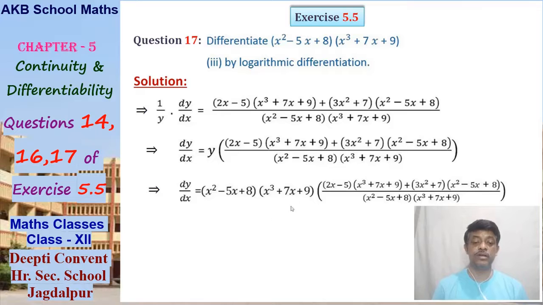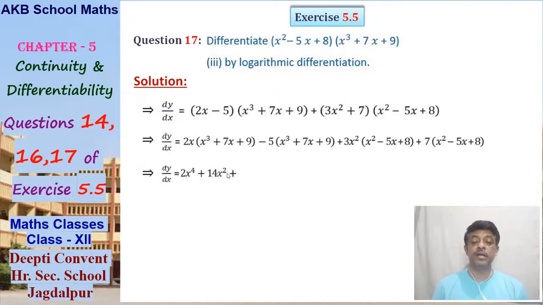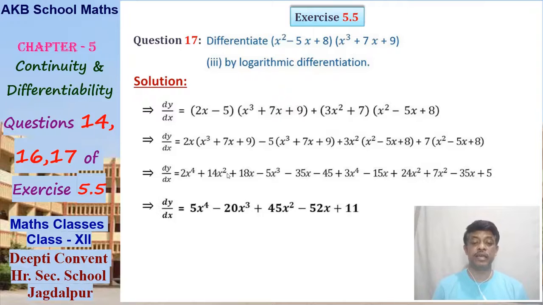So these two quantities cancel out, and we get like this. Now multiply and adjust as a descending power of x, so we can get like this. So this is the value of the derivative by using the third method, logarithmic differentiation.